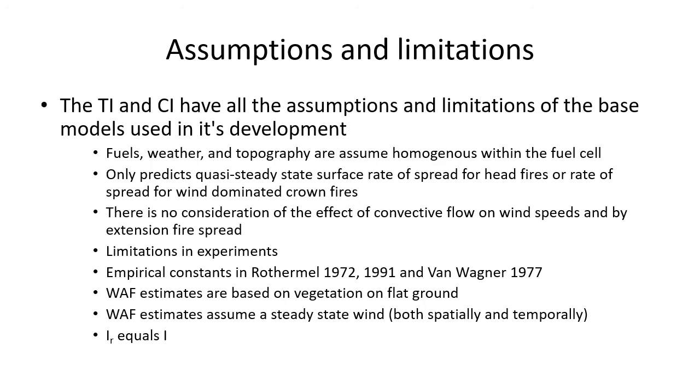Maybe we don't believe 30 miles an hour, but we might accept that a stand with a torching index of 30 miles an hour is going to be more difficult to initiate than a stand with a torching index of 5 miles an hour, right? So we can still make these sort of relative comparisons of hazard, even if we're not so sure about the exact values or some of the assumptions underlying these models.